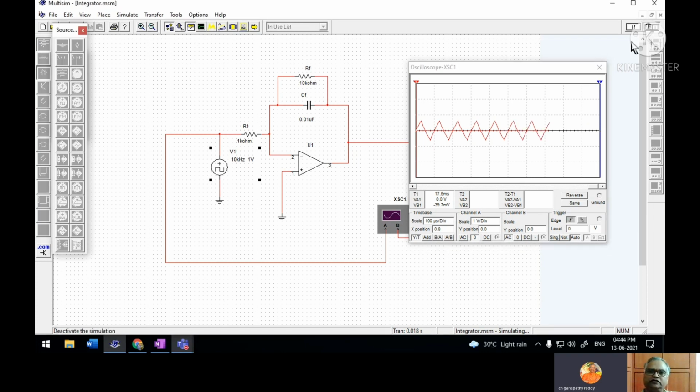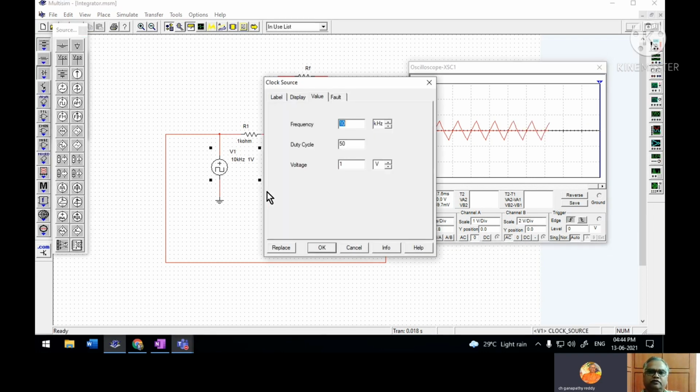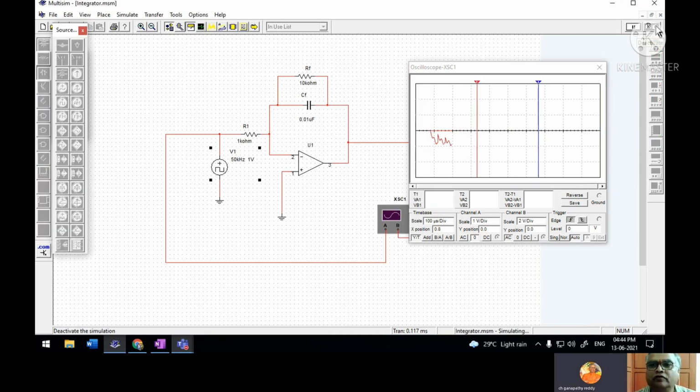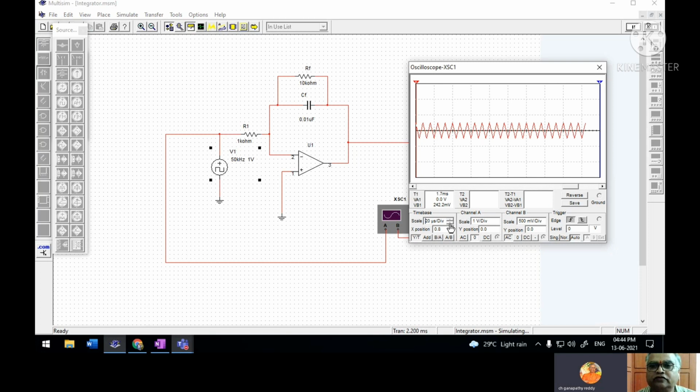So further increase the frequency, make it 50K. But as frequency increases, gain decreases.